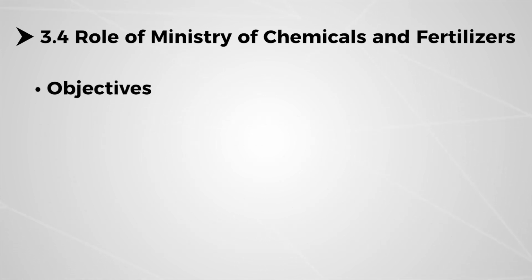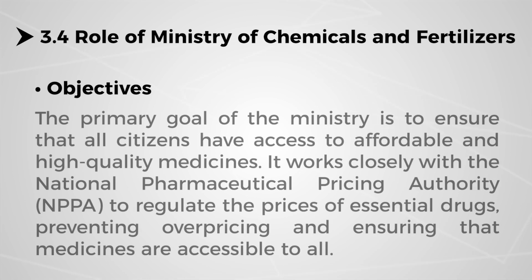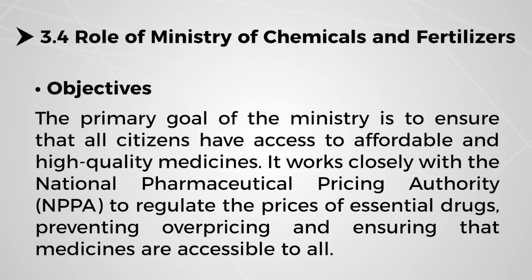The primary goal of this ministry is to ensure that all citizens have access to affordable and high-quality medicines. It works closely with the National Pharmaceutical Pricing Authority to regulate the prices of essential drugs, preventing overpricing and ensuring that medicines are accessible to all.